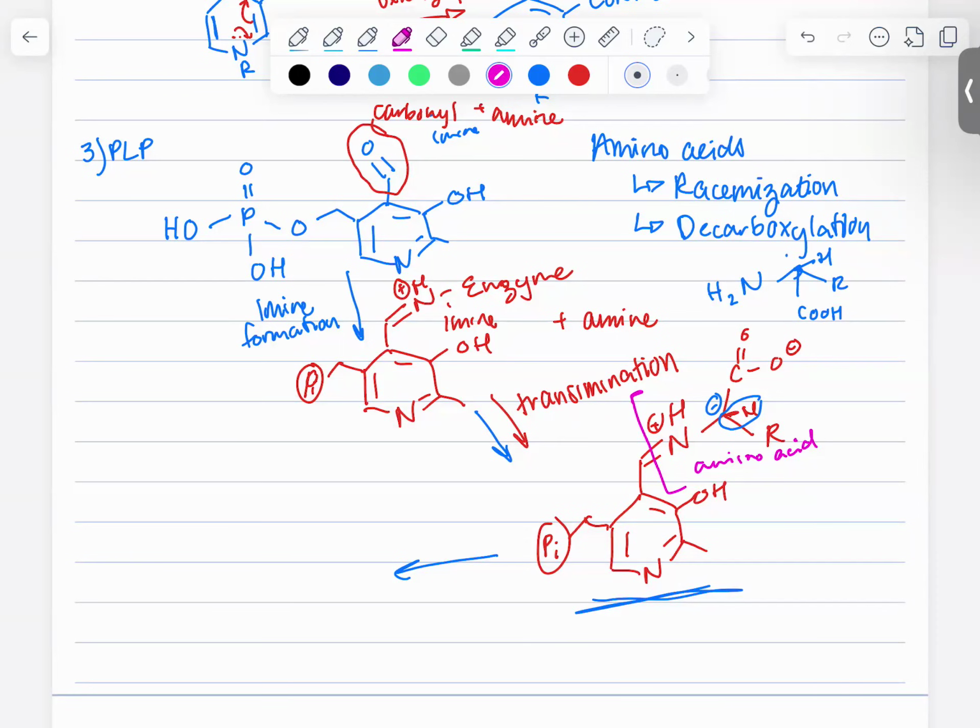Okay. Once we have our PLP bound to the amino acid we're going to do our chemistry on, we will do the chemistry we care about. So in this case, I have it drawn for decarboxylation.